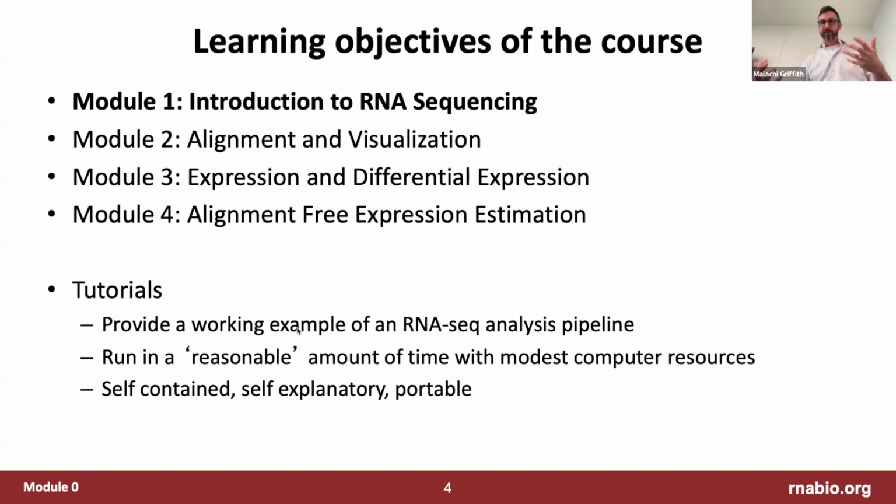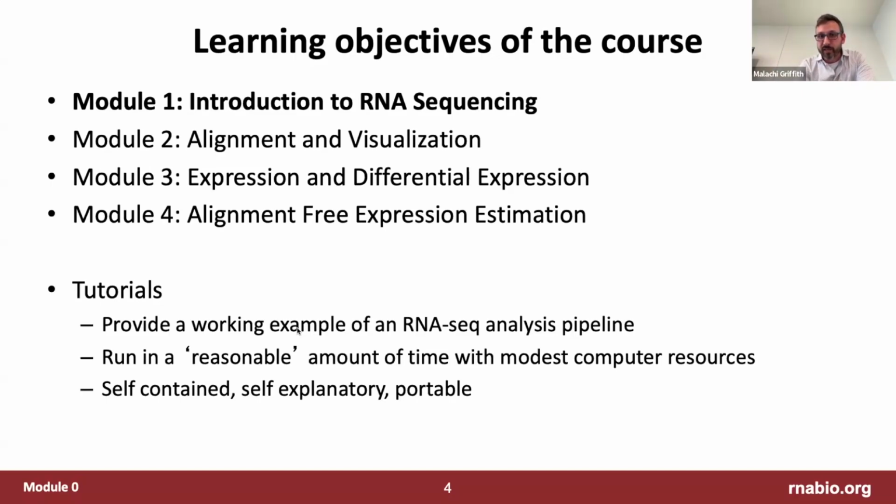It helps reinforce that once you learn how to run some bioinformatics tools, it gets easier to mix and match them and pick up new ones. The goal of the tutorial, which is all available online and will remain available to you after this course, is to provide a working example of an end-to-end RNA-seq analysis pipeline from raw data to differentially expressed genes and significant pathways and so on.